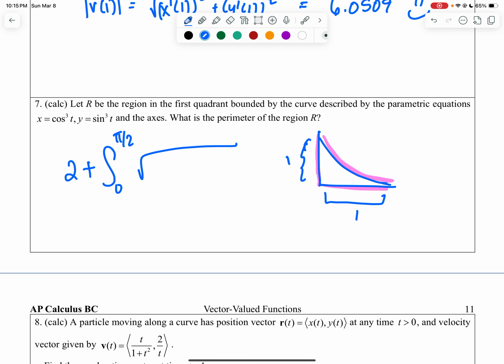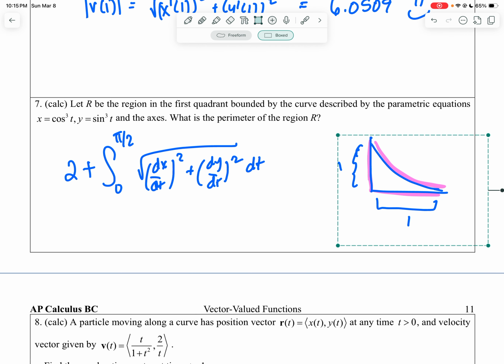Now remember that your arc length formula is going to be the integral from 0 to pi over 2 of the square root of (dx/dt)^2 plus (dy/dt)^2, dt. All right.